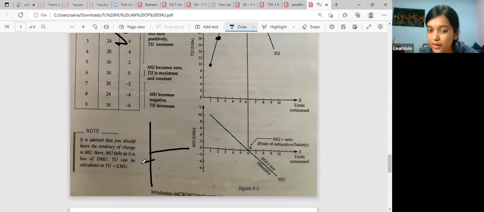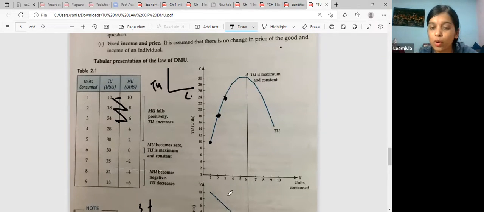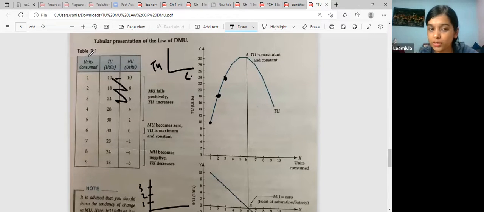Why? Because you have to show the negative as well, right? So if you're writing 1, 2, 3, here you write -1, -2, -3. Because you are representing MU on the y-axis, you will make the negative y-axis only, not the x-axis. Why? Because the x-axis is all about units consumed and they are all positive, right?